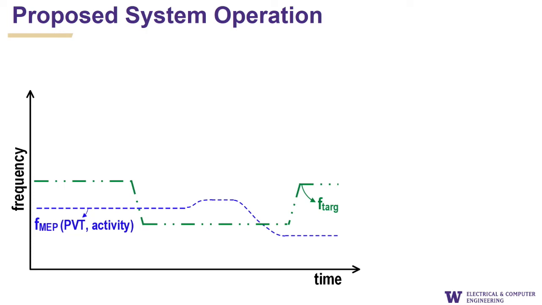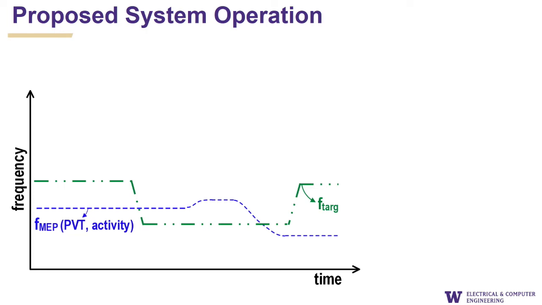The blue curve, which I'm just going to claim that I happen to know what it looks like, I won't, but we'll see about that soon, is the FMEP, which is if I actually know what the minimum energy voltage is, I know the corresponding FMEP, and that fluctuates depending on temperature and loading. That's my FMEP, and that's going to evolve over time. I'm going to pretend for now that I know what that curve looks like, because that's completely dependent on what the circuit's doing, what the temperature is.